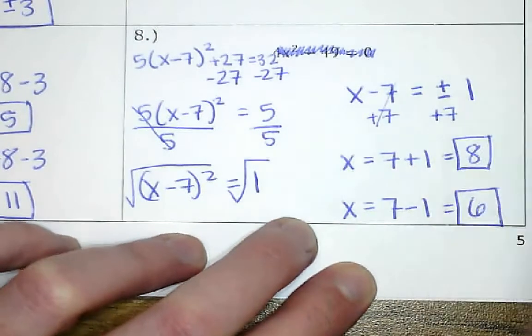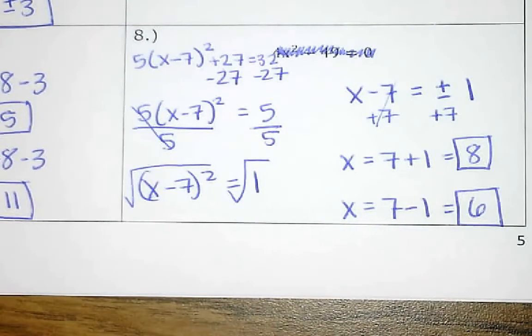So our two answers here were 8 and 6. All right, y'all, so this is how we solve a quadratic if we have those lovely, perfect squares, using our square roots.